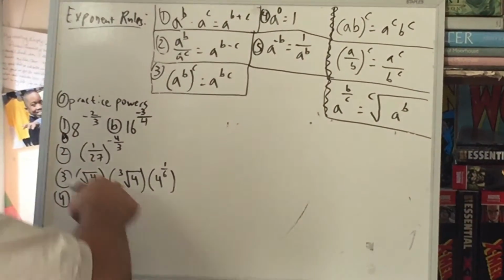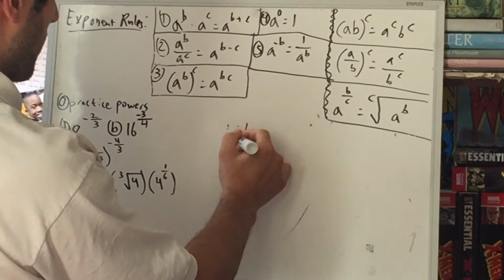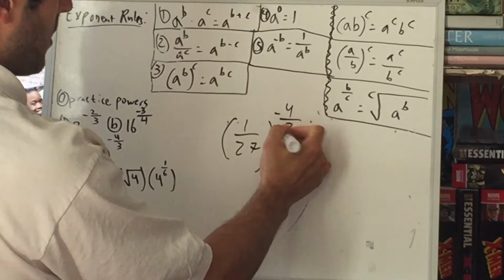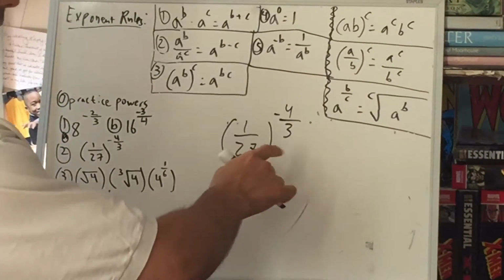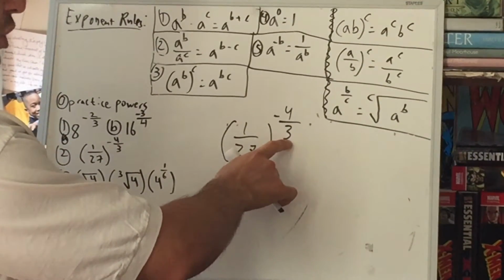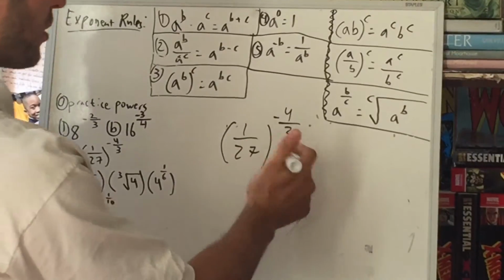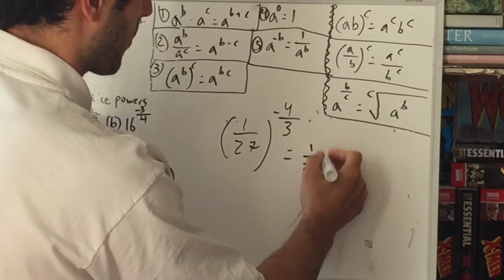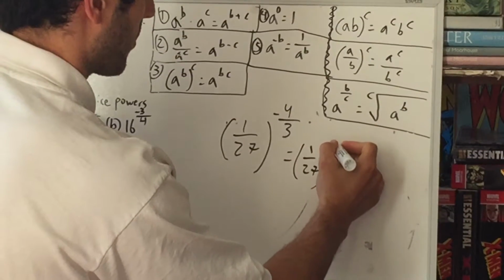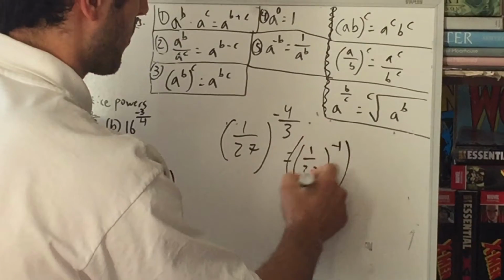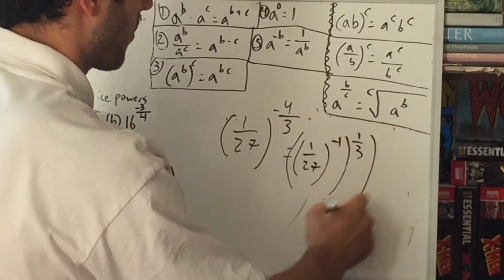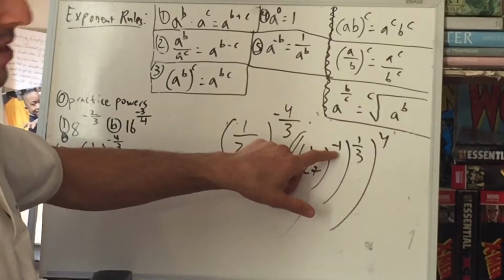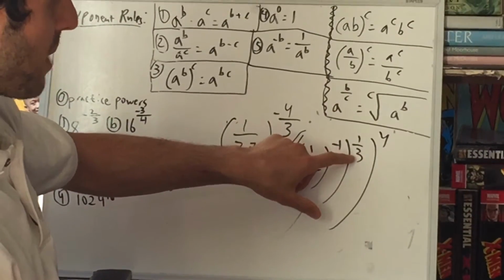All right, next let's try this problem. Now at this point, a lot of you guys are probably trying to do the 3 first because that shrinks your number. In this case, I would encourage you to do it slightly differently. I would do the -1 first, and then the 1/3 power, and then the 4.